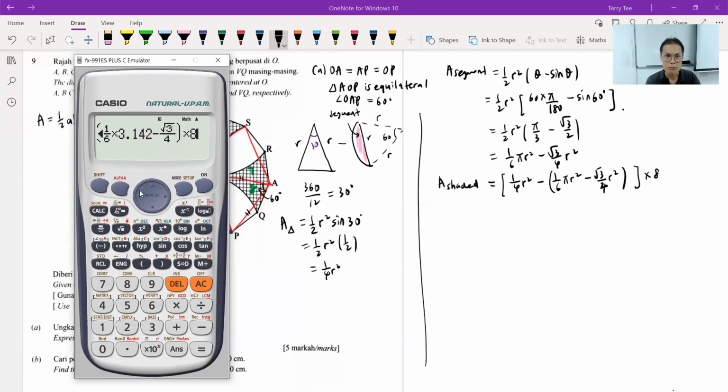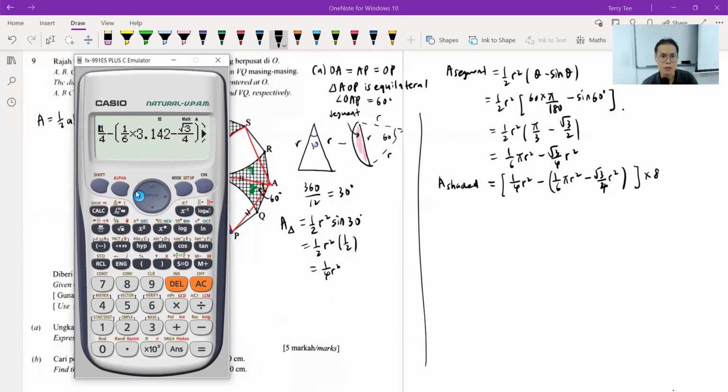Sorry, maybe I typed wrongly somewhere. I think I missed out a bracket here. Sorry, there's a bracket here. 1 over 4. I need to open another bracket. I need another bracket in front.